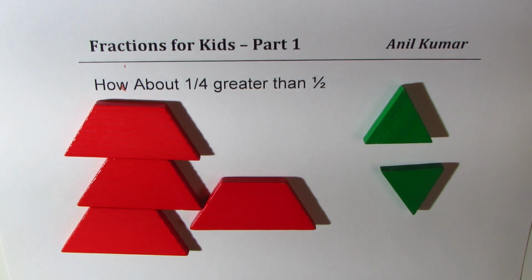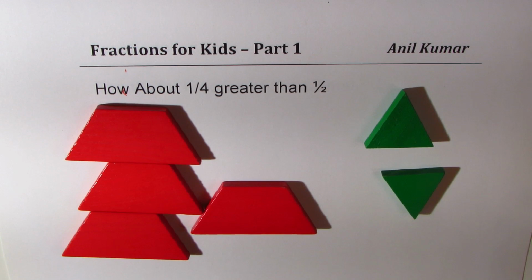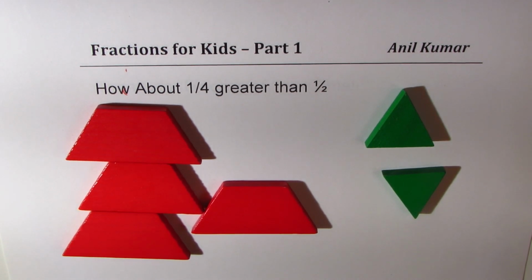A fraction is only part of the whole. So if the whole is bigger, the parts will be bigger. If there is a bigger pizza, every slice will be much bigger than a slice from a smaller pizza. So you got this idea. Perfect. Now let's move on and take another very interesting question.